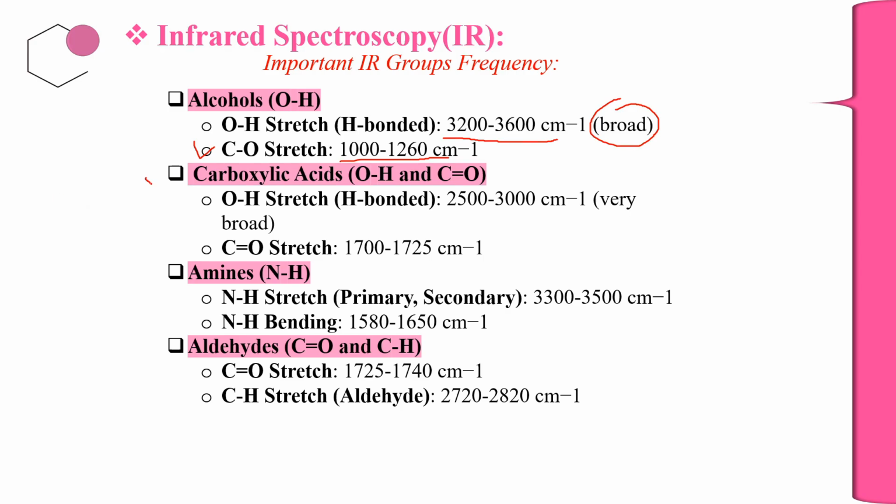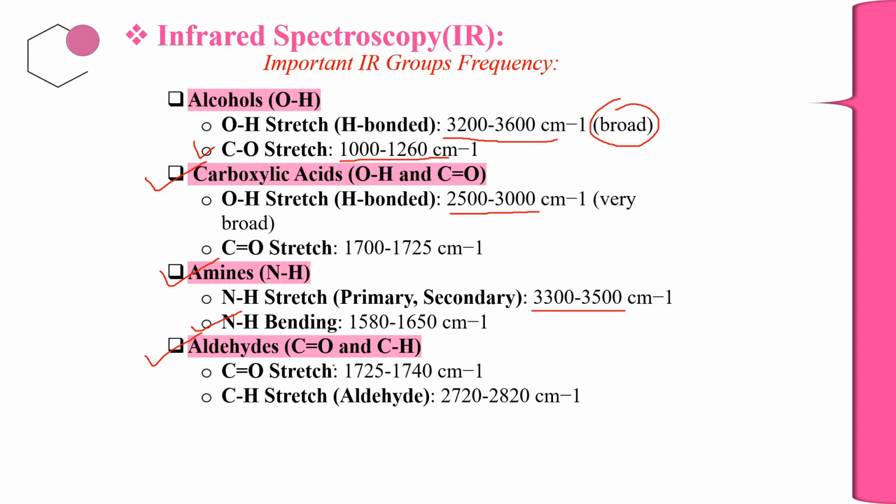For carboxylic acid, there is also an OH stretch. This is also hydrogen bonded, and due to the hydrogen bond, the band is very broad. In amines, the NH stretch is observed between 3300 to 3500 centimeter inverse. Also the NH bending is observed.